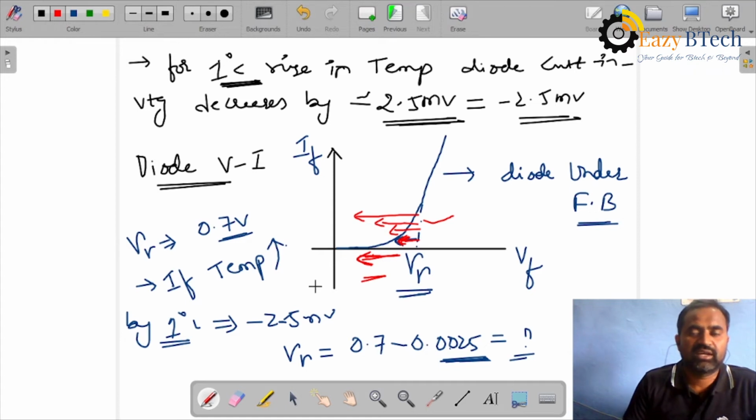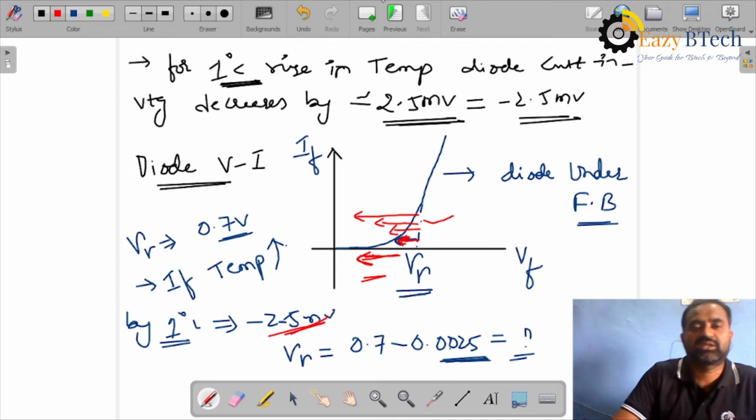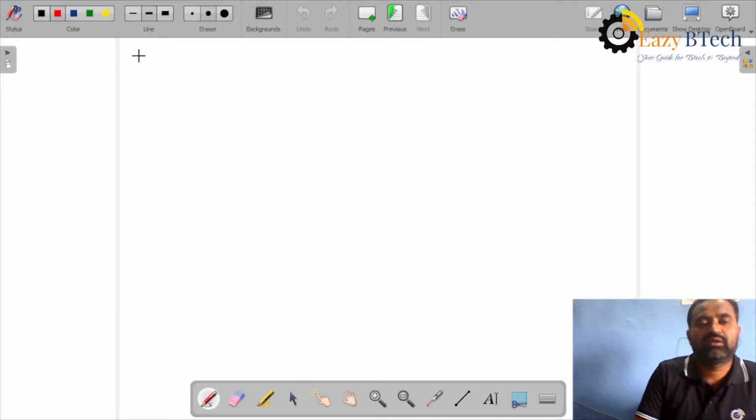For every 10 degree rise in temperature, the reverse saturation current doubles. For every 1 degree rise in temperature, the reverse saturation current increases by 7%. For 1 degree rise in temperature, the cut-in voltage decreases by 2.5 millivolts. These three statements you can remember.